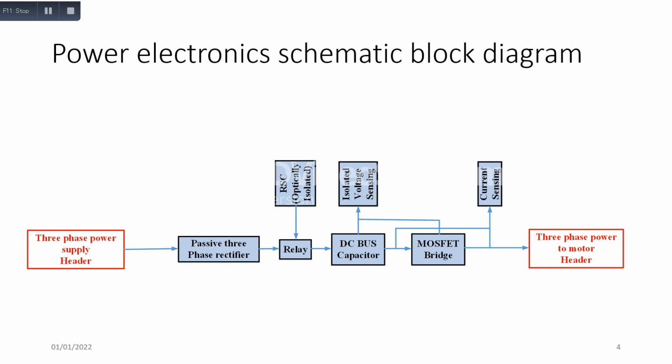Based on the sensed signal from the voltage and current sensors, the control unit will perform computation, and based on the computation, the control unit decides the switching pattern of the MOSFET bridge. Then the manipulated signal will be delivered to the three-phase motor.